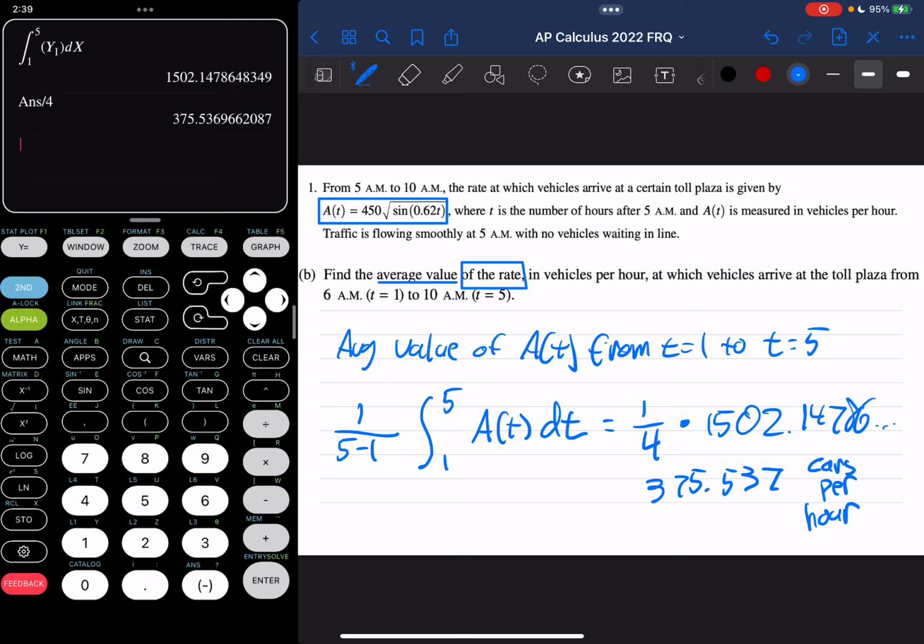And actually, I think that's incorrect because it actually made a mistake here. It says vehicles. So it's possible, had I written that, I would have gotten that wrong. But let's change it right here. Vehicles per hour. There we go.